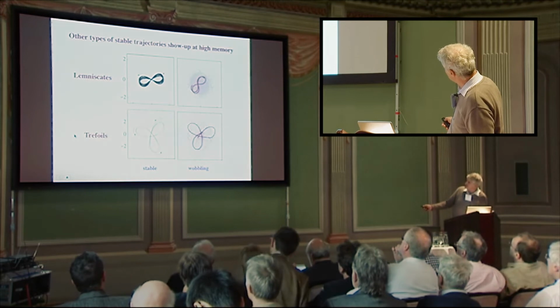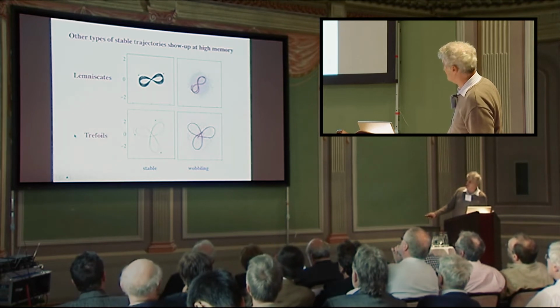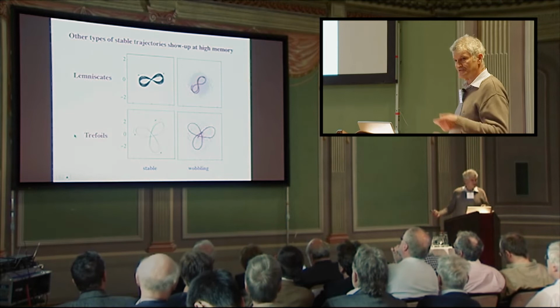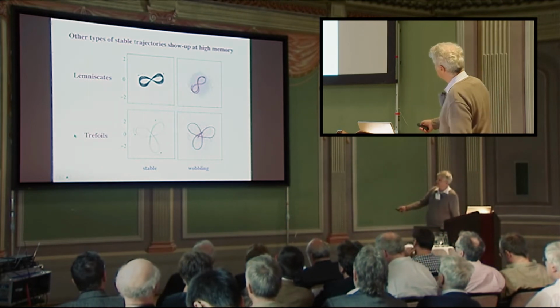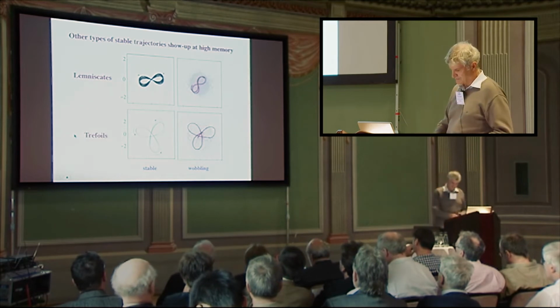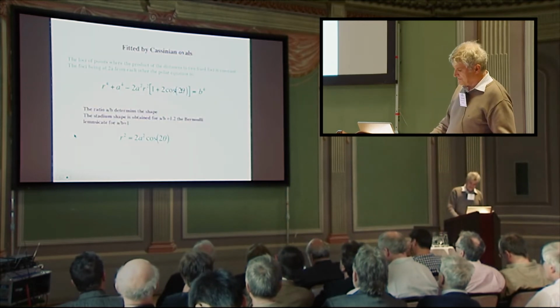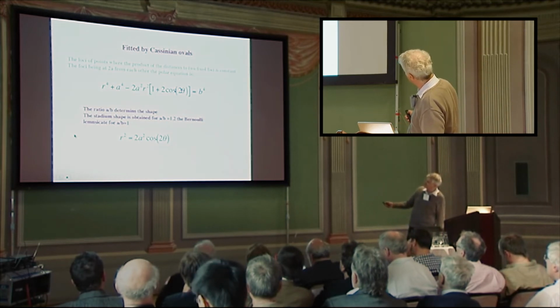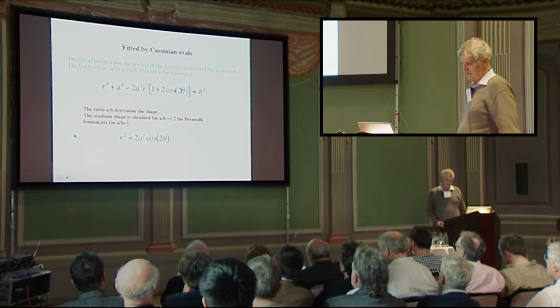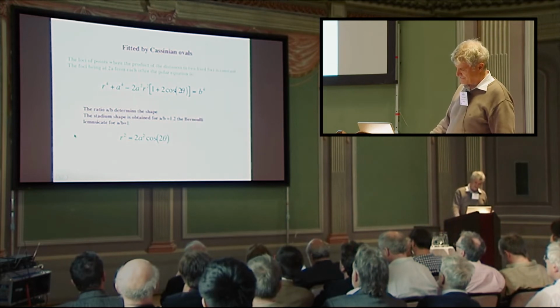Some of them are lemniscates, some of them are trefoils, and there are still other structures of that type. Again, they can be stable or wobbling. Now, interestingly, all these trajectories, lemniscates, trefoils, and so on, can be fitted by Cassinian ovals.